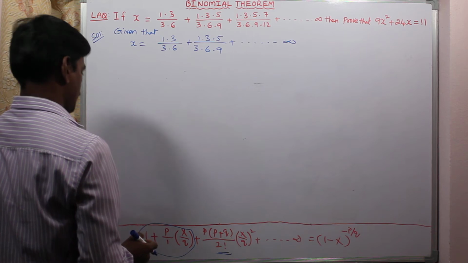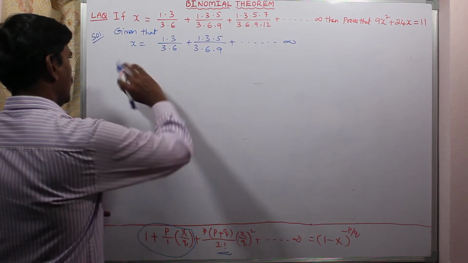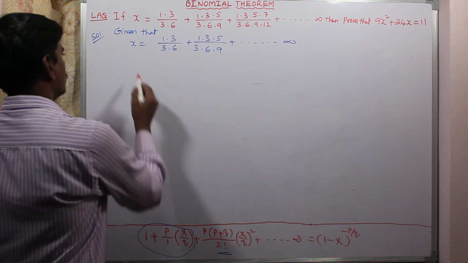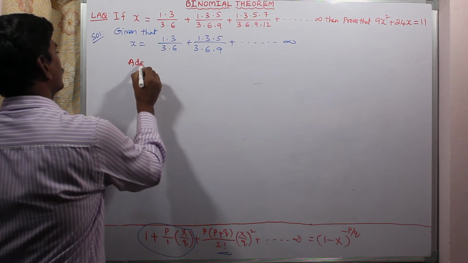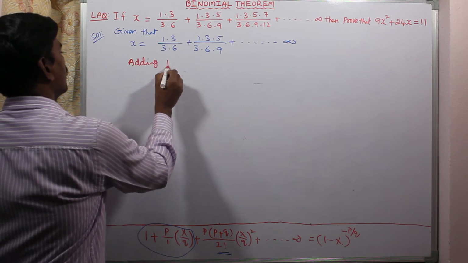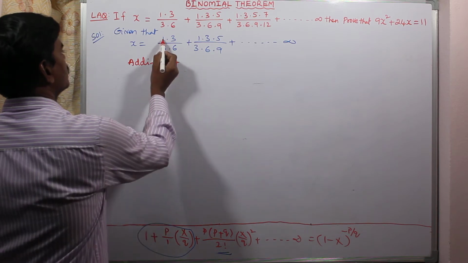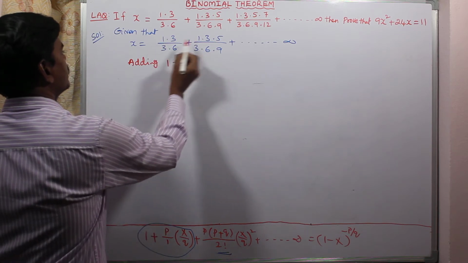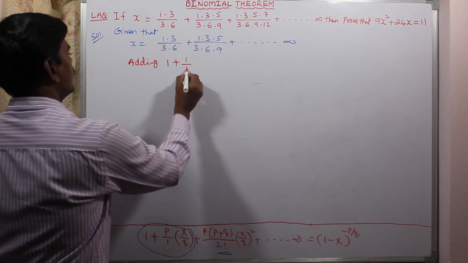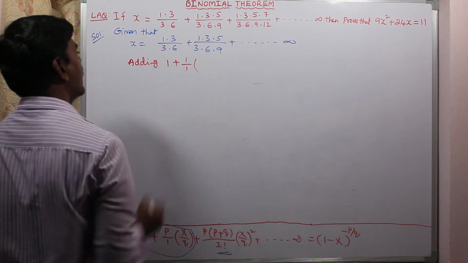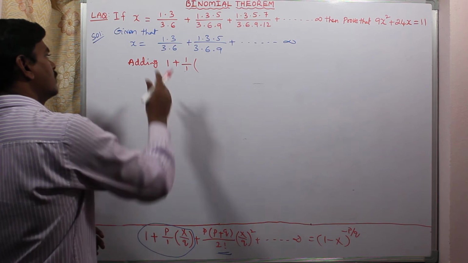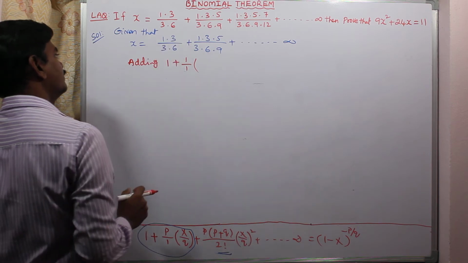So how can I create them? I am adding. Which term do we have to add? 1 plus p by 1. I can observe 1 is the p. So p by 1 means 1 by 1 into X by q. So try to guess X by q.